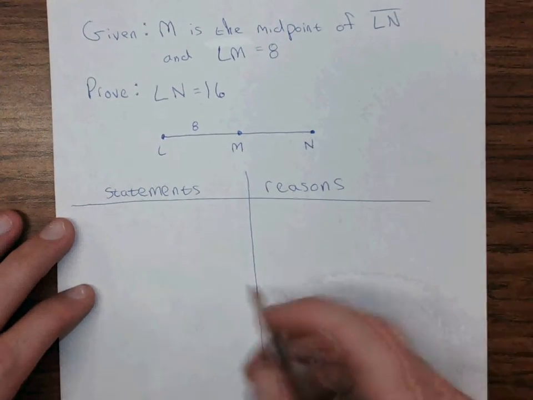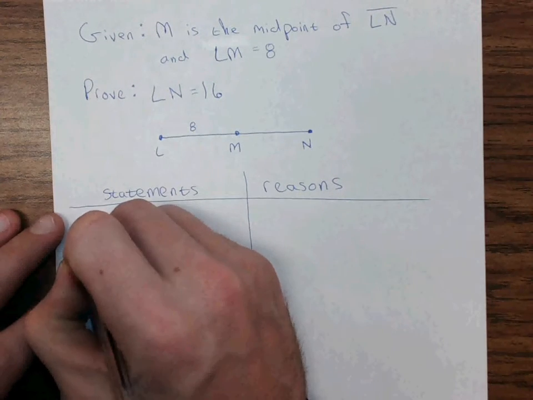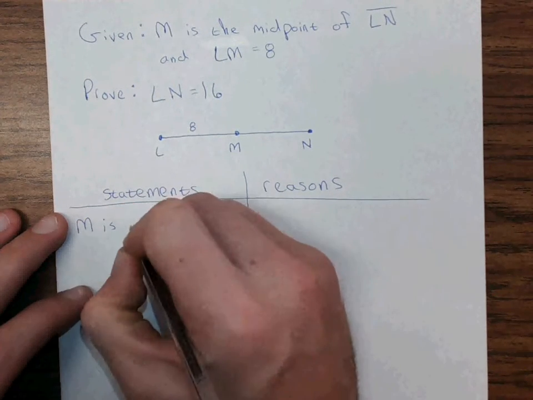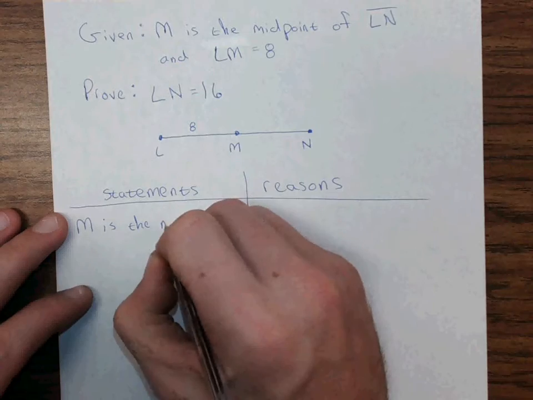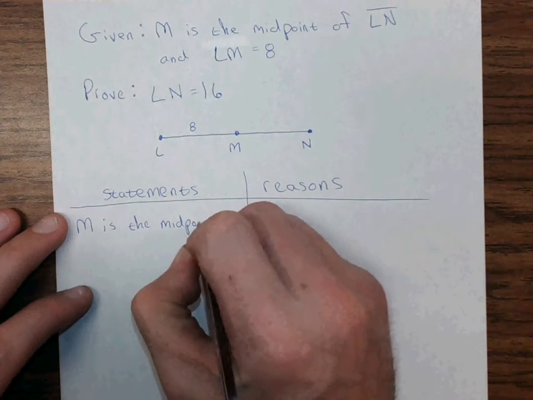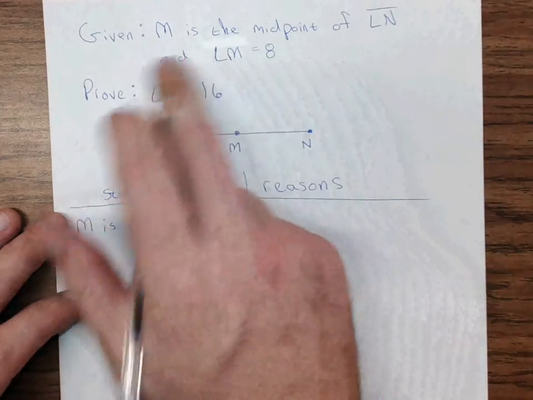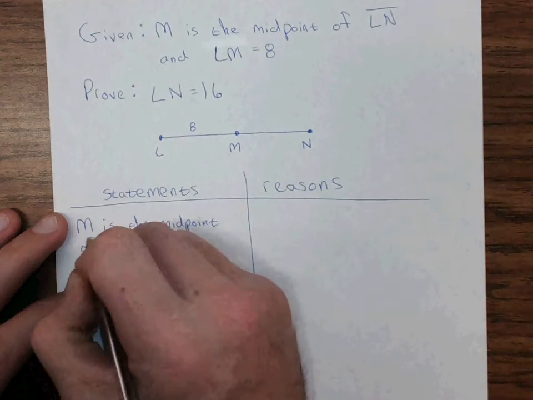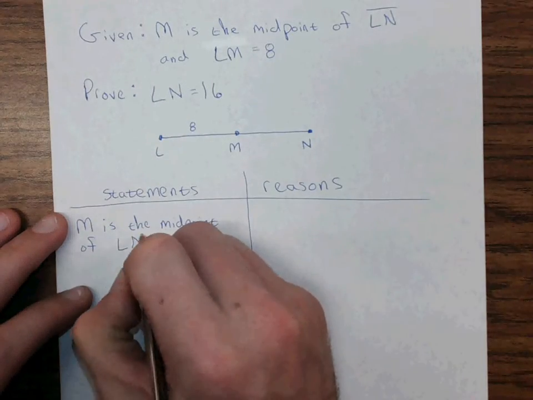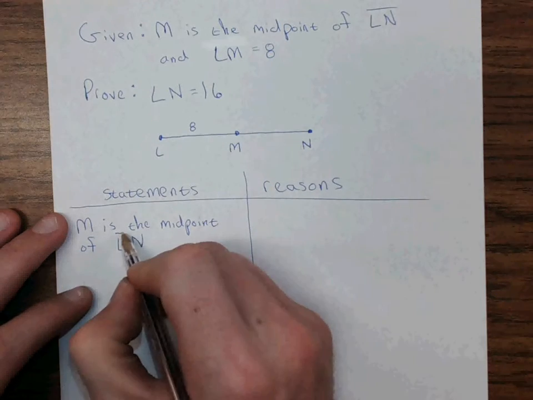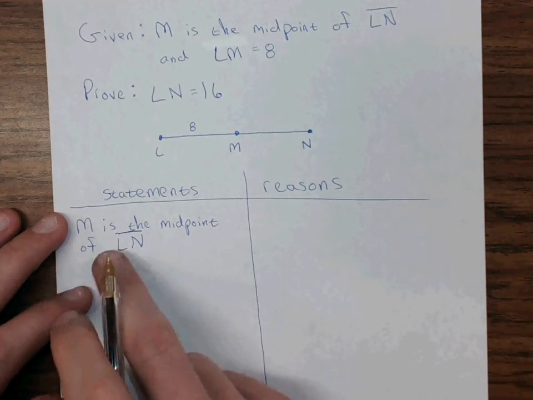So, statements, let's just begin with M is the midpoint. How do we know M is the midpoint? That's given information. Now notice that I've got the bar on top there.